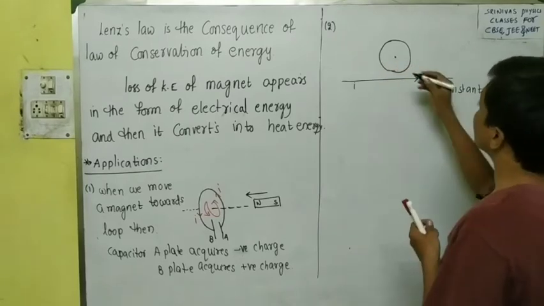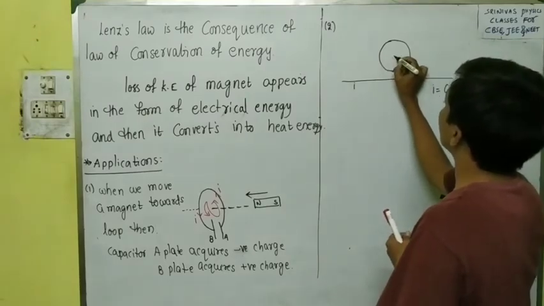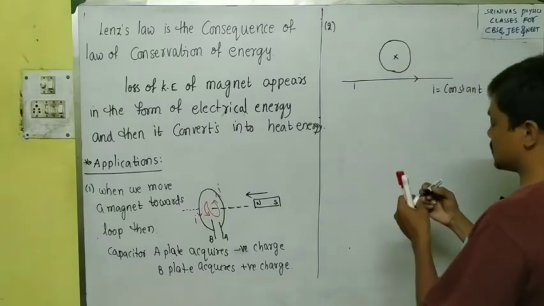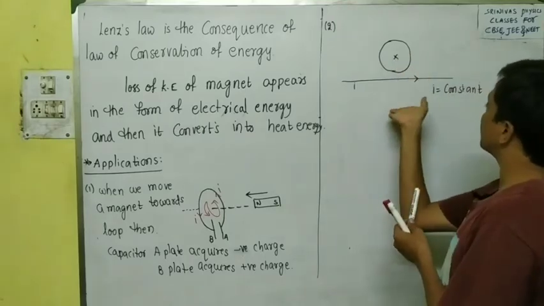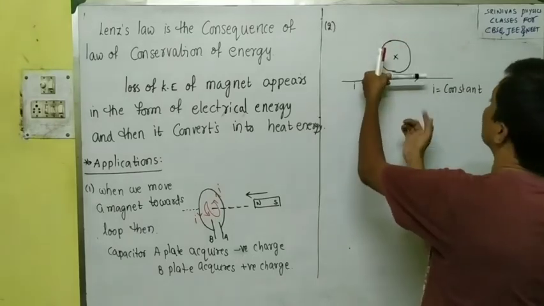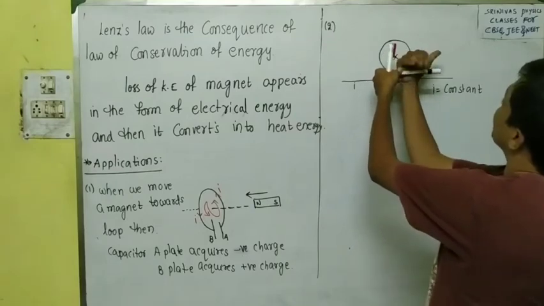That means the applied magnetic field above is outward, here inward and here outward, right? Like this. This is the current carrying wire, current is going to the right side, then this is an inward field below the wire, and an outward field above the wire.